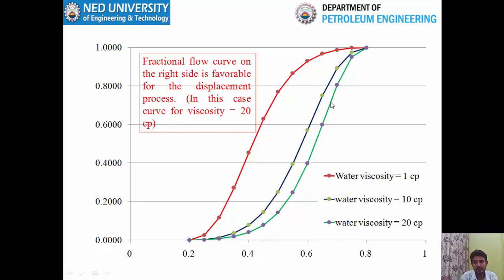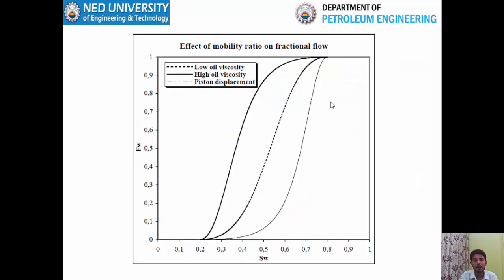So by plotting the FW graph, you can estimate the most efficient displacement process out of many options. These are some applications of fractional flow equations and graphs that we saw in the previous lecture.